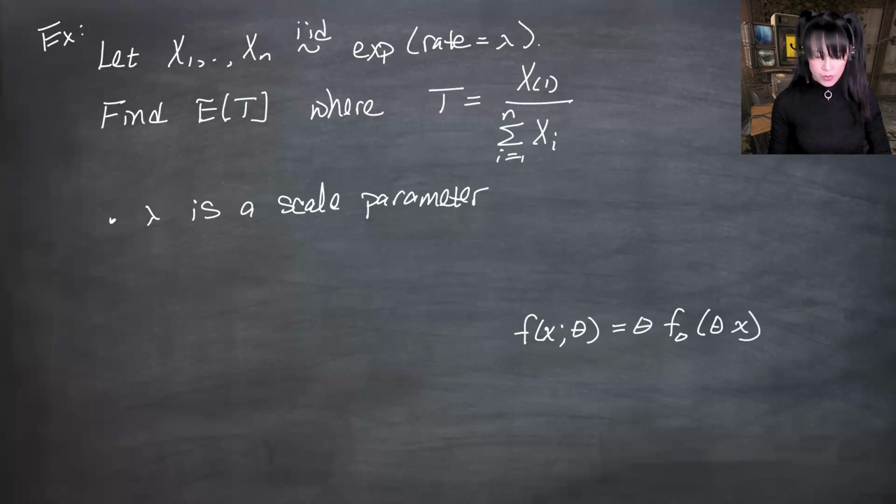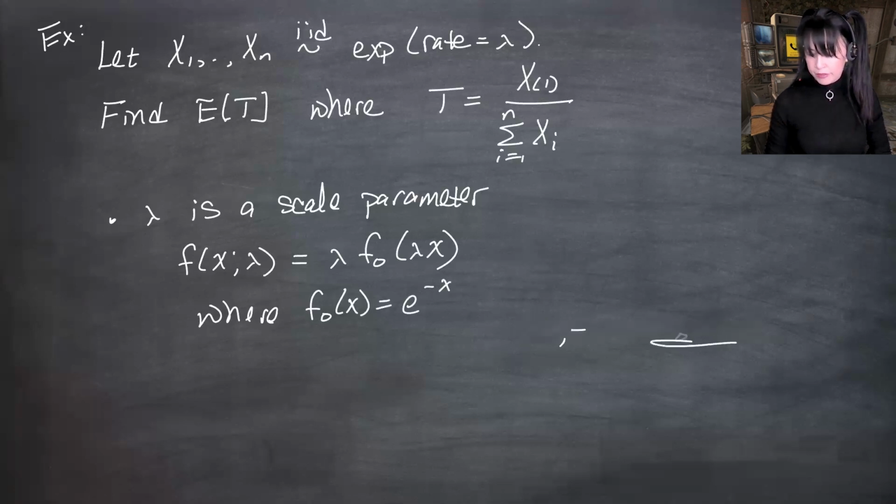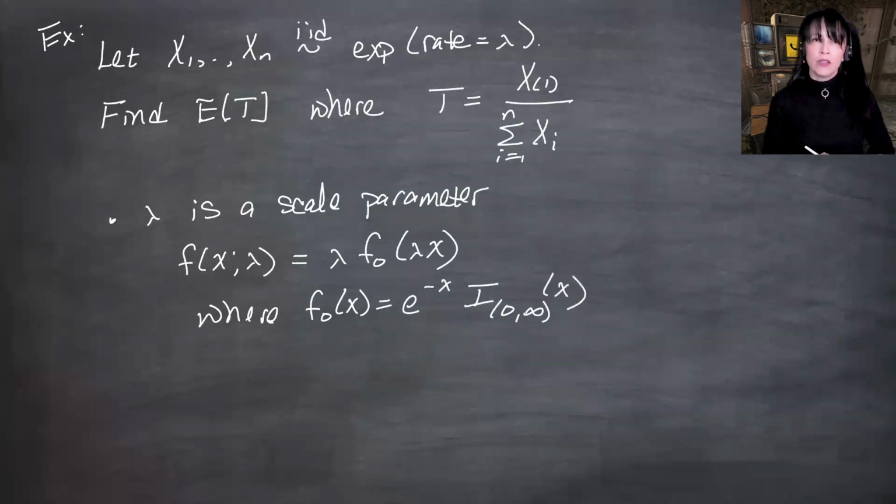And that's what's going on with the exponential. This is lambda f naught of lambda x, where f naught of x is the exponential rate 1 PDF. I'll throw in the indicator as well. So lambda is a scale parameter.